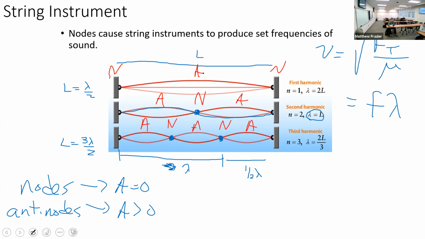And for a fixed string, the antinodes, how many antinodes there are, tells you what harmonic it is, basically tells you what n is for a stringed instrument. Whether it's worth it to learn that as a rule of thumb is kind of weird because we're going to get into stuff where it doesn't apply, but for strings, it works.